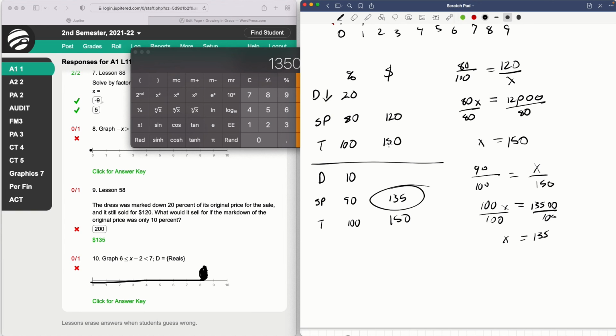Then we set it up again with 10% off and had the total amounts at the bottom, finding the unknown value of the sale price. Once you think your way through it, it makes sense. It just means we have to set up two tables, one for the 20% off and one for the 10% off.